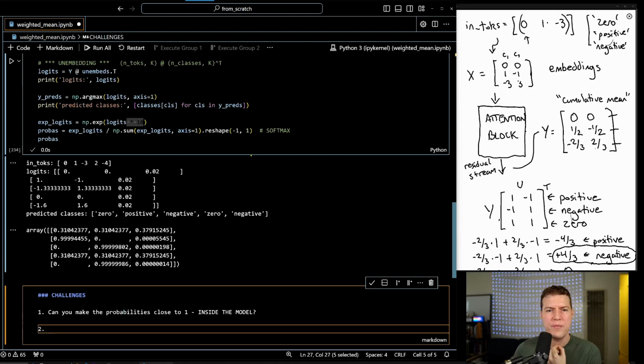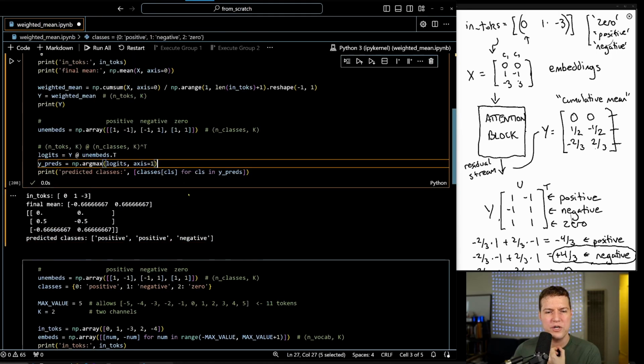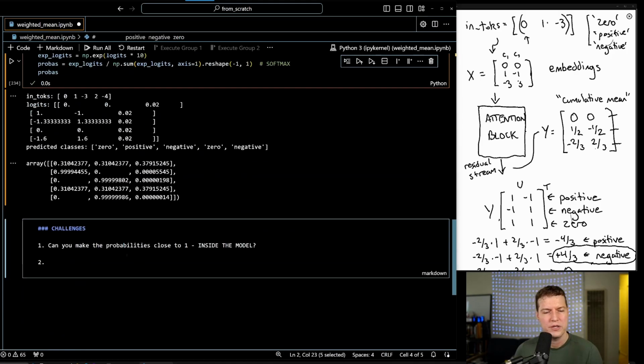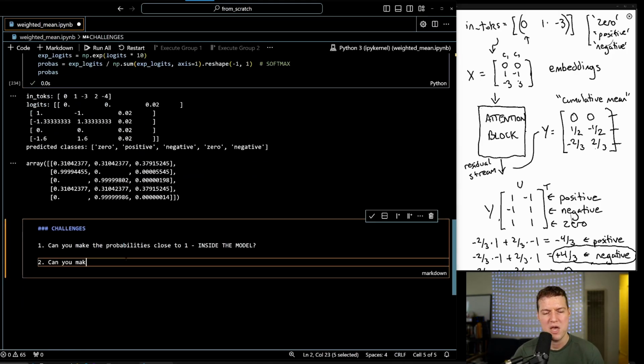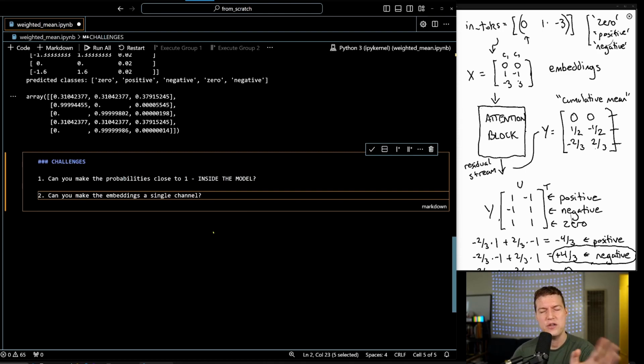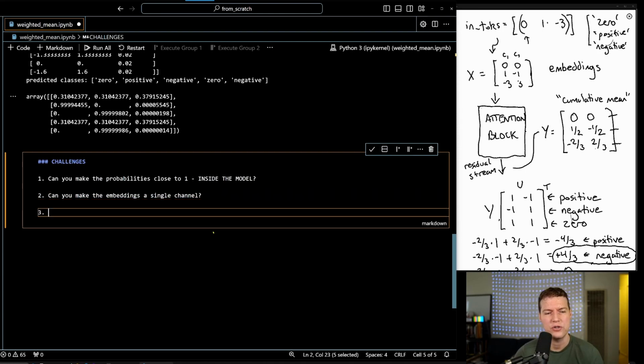Remember up here, we're using 2 channels initially. It would be nice, because this just has redundant information, if we could just use 1 channel. So can you make the embeddings a single channel? Now you can still use 2 channels later. In fact, you should probably think about whether 2 channels are required at the end. But can you just reduce the embeddings to a single channel?